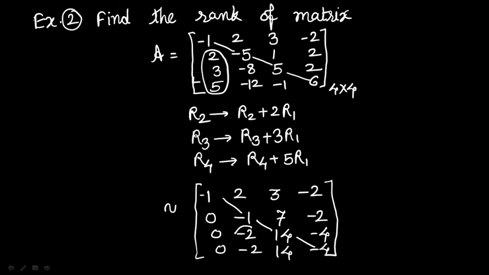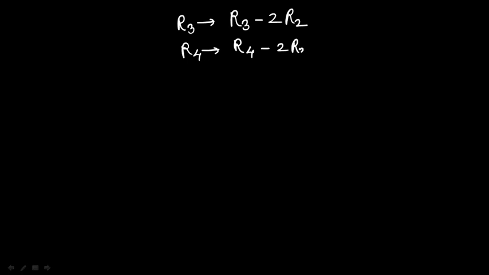Now we form 0 in the second column by using R2. Therefore R3 changes to R3 minus 2 times R2, and R4 changes to R4 minus 2 times R2.